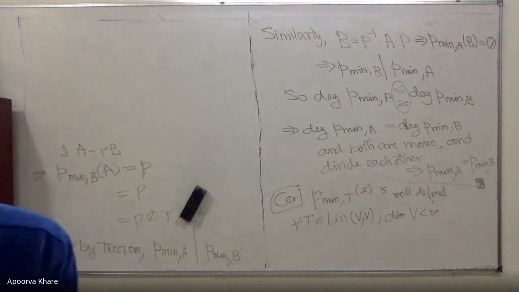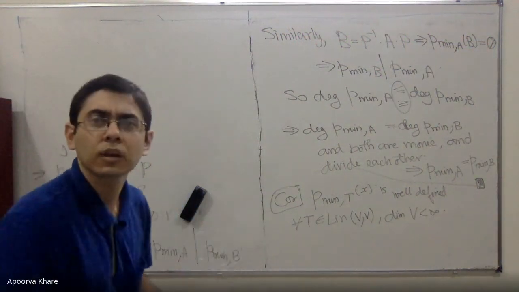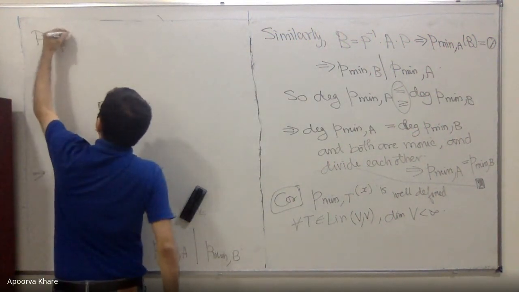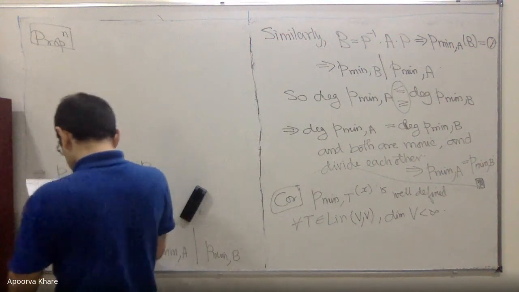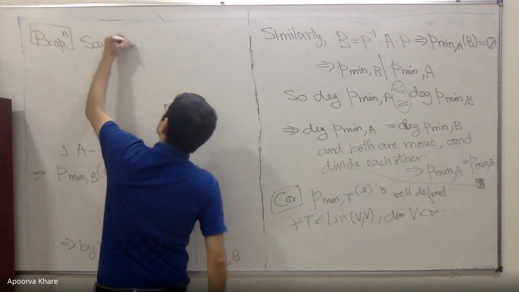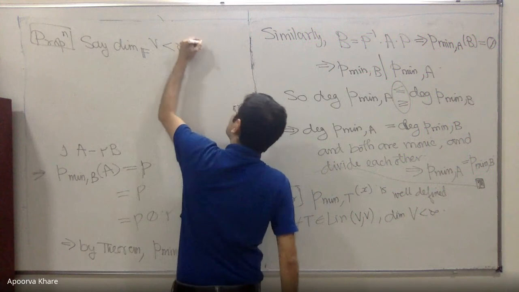Okay, so proposition. Say dim V is finite, T is a linear transformation.